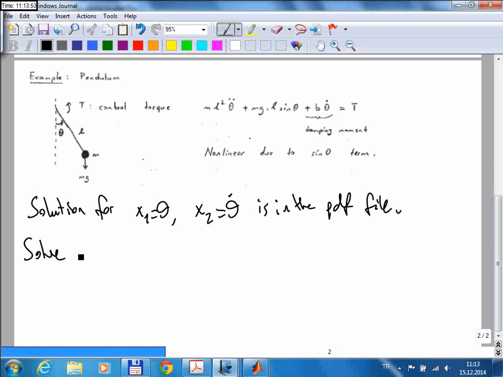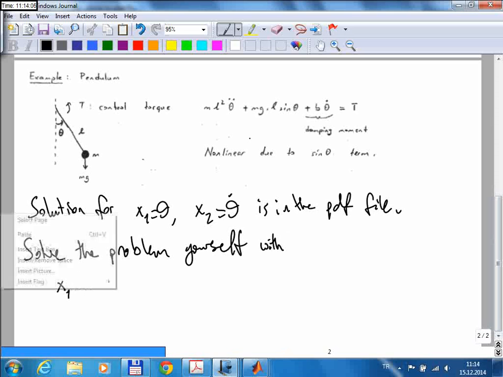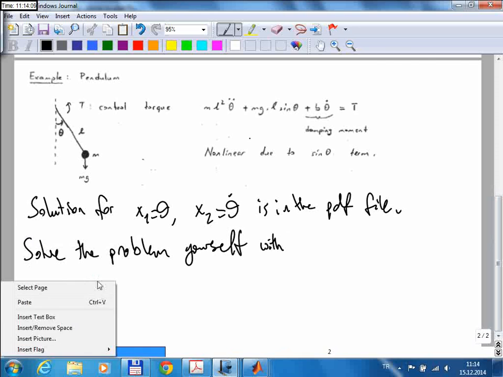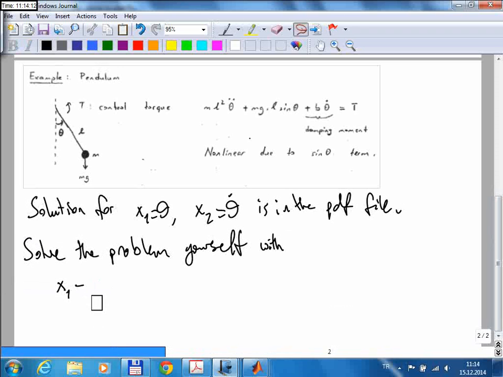Okay, so solve the problem yourself, choosing the state variables as follows: x1 is equal to h, and x2 is equal to h dot, where h is the horizontal distance of the ball with respect to the vertical axis.